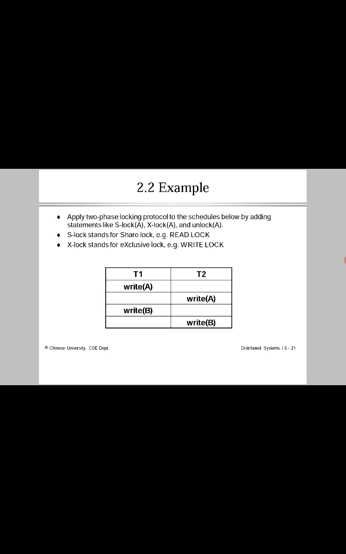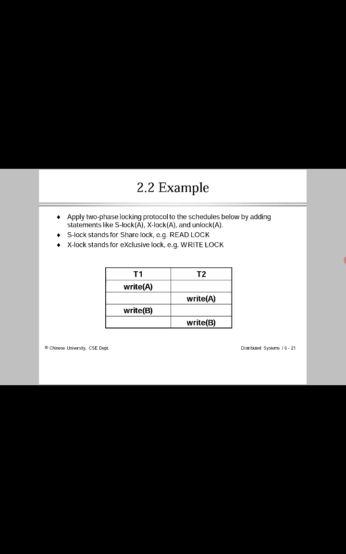In the next step, T1 is idle, then T2 is writing on the same table A. In the third time slot, transaction 1 is writing on table B, while T2 is idle. In the fourth time slot, T1 is idle, whereas T2 writes on table B.